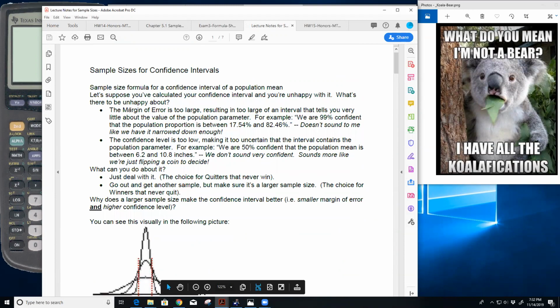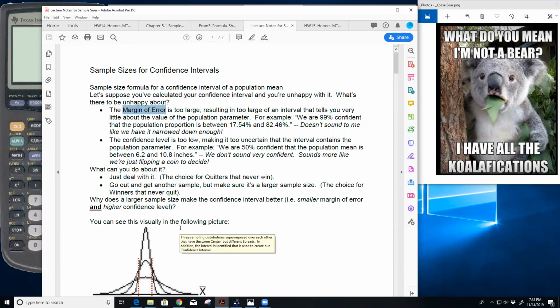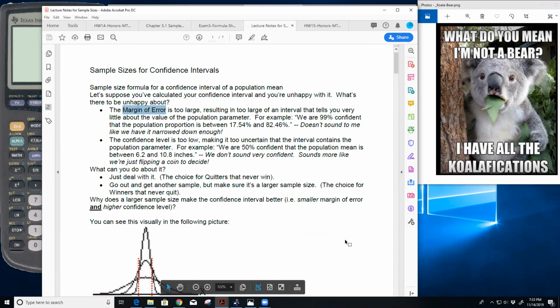Now the margin of error, just remember that is half of the width of our confidence interval. That's that equal distance we go above and below our statistic, either sample mean or sample proportion, to create our confidence interval. Another reason we did the hand calculation was so you could really see that.